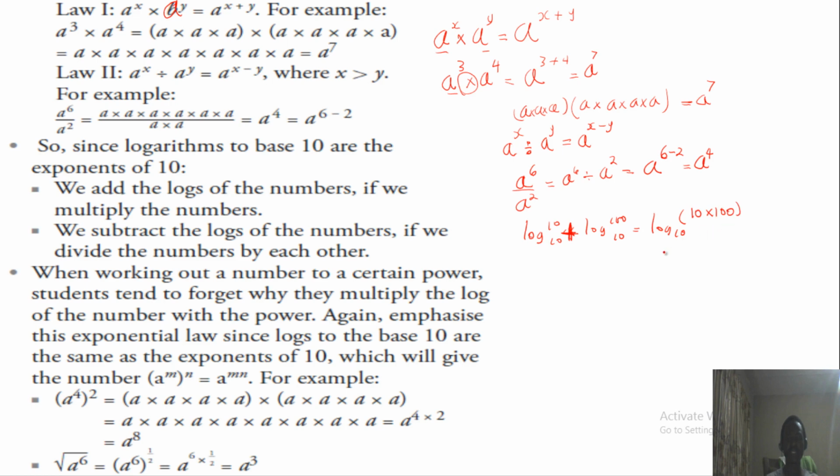And if it is division, log 10 to base 10 minus log 100 to base 10. What would we say? Log 10, then you have 10 divided by what? 100.